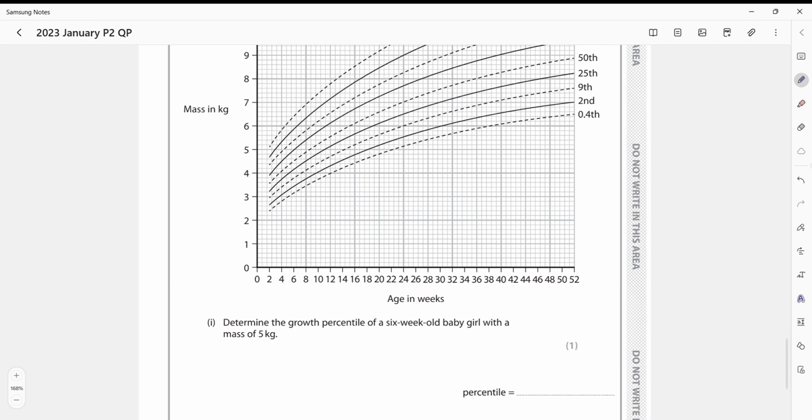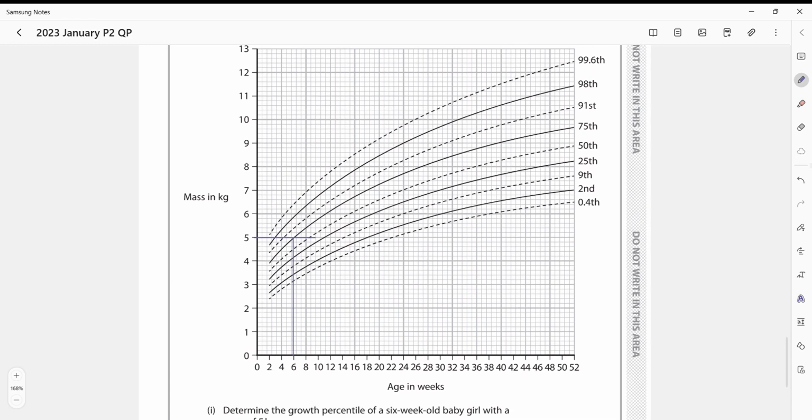So 5 kilograms is about here, and 6 weeks is about here. That lines up to that solid line, and that would give me the 75th percentile.